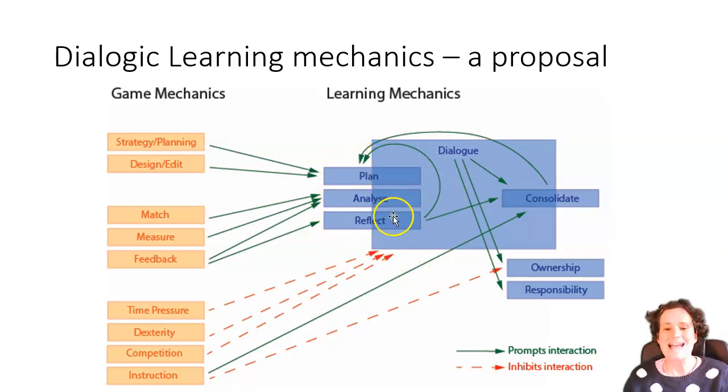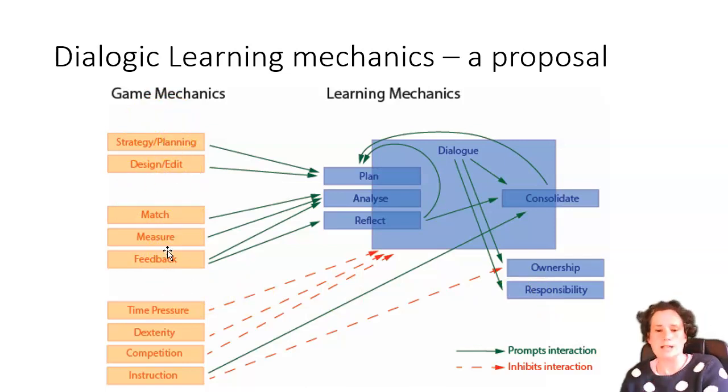What then happens is as you engage in these cognitive learning mechanics, you then start to get the dialogue, and they can lead to other learning mechanics such as consolidate, ownership, and responsibility. So there isn't a way really that game mechanics directly provoke dialogue. They tend to do so through the medium of some other form of learning, and that's quite important.